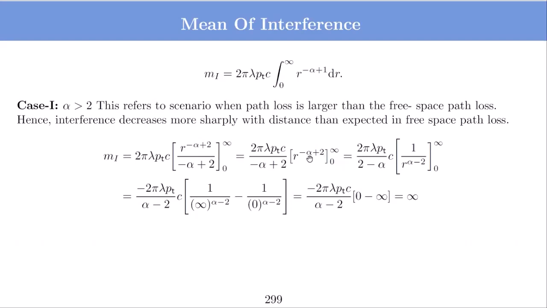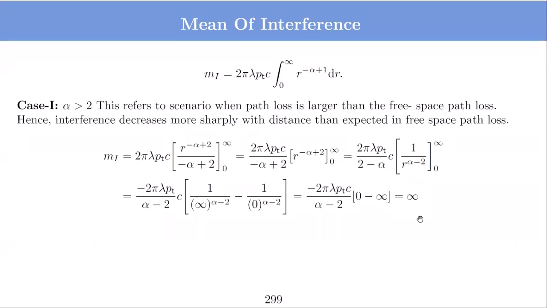Because alpha is more than 2, this is a negative term, so to write it with a positive coefficient, it will be 1 upon r to the power of alpha minus 2. If I put infinity, this will be 1 upon infinity, which is 0. And if I put 0, it will be 1 upon 0, which is going to be infinity. So that is going to give me overall infinite interference.